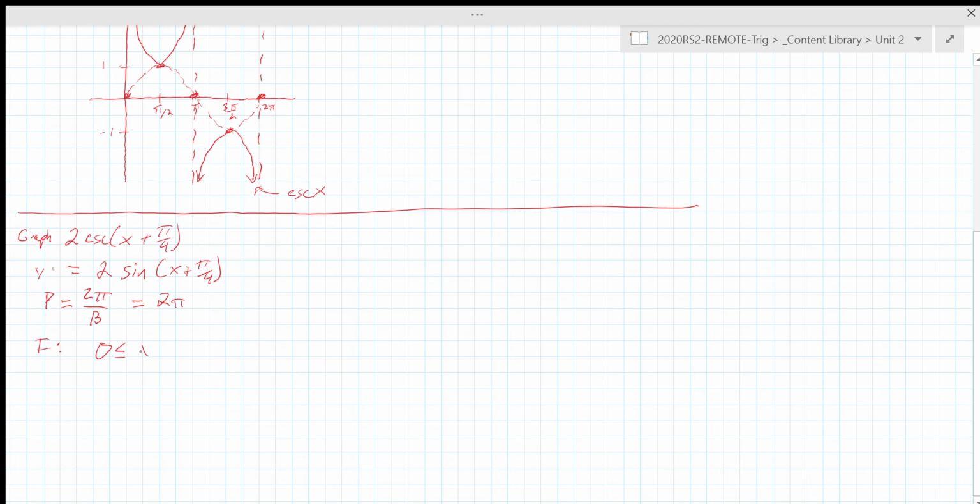The interval: we're setting the argument of sine between 0 and 2 pi, and you're solving for x. We need to subtract pi quarters from each spot. So our interval is going to be negative pi quarters to, sorry, not 3 pi quarters, that would be 7 pi quarters.